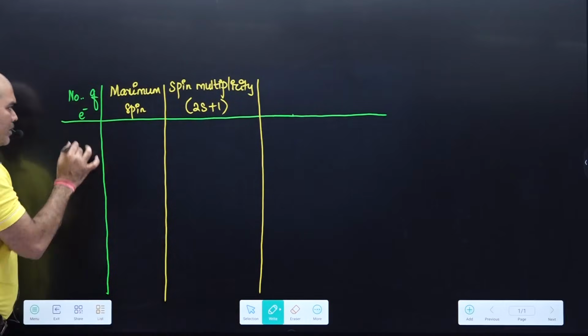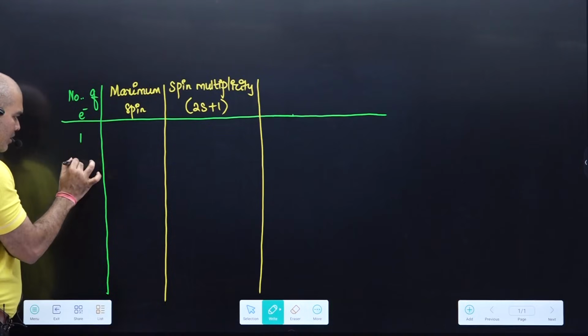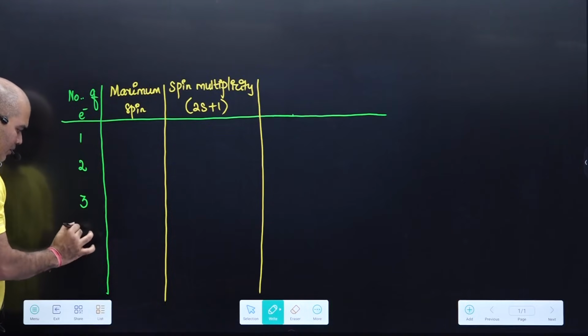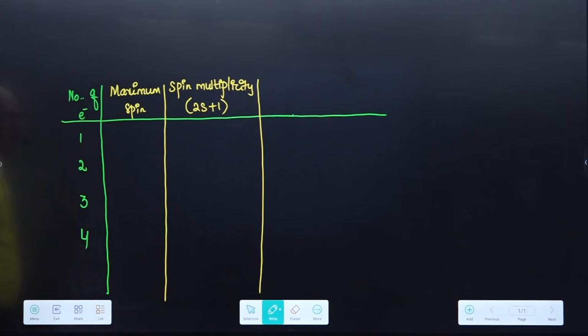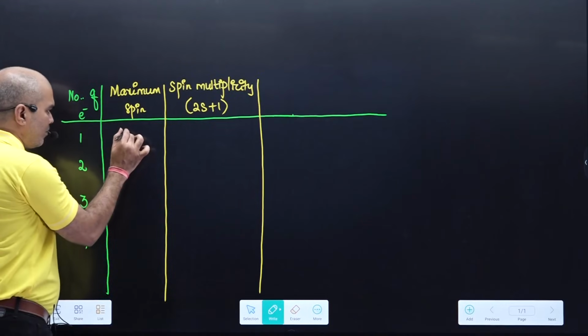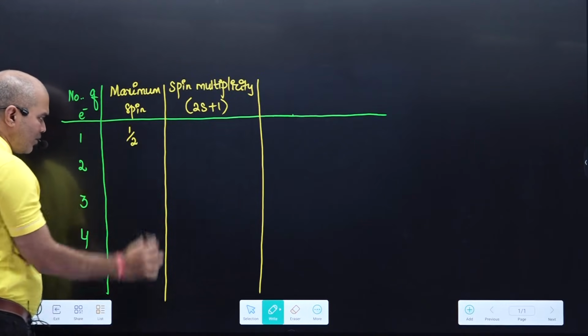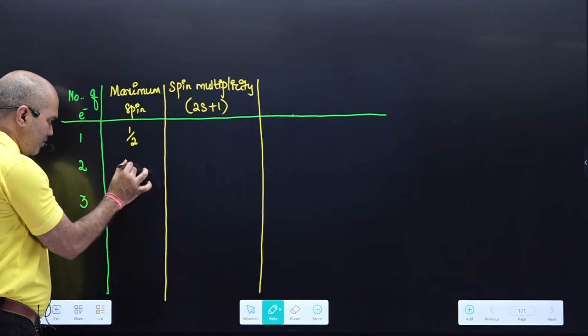To give you a better clarity, I am just taking 4 different electrons. Tell me the maximum spin for one electron. Maximum spin means we have to always take in positives. So maximum spin will be 1 by 2. If there are 2 electrons, what is the maximum spin? 1.